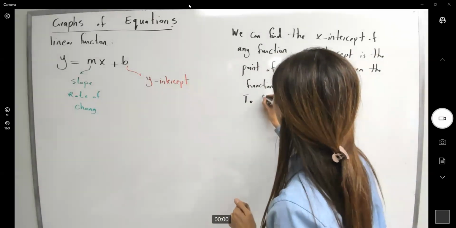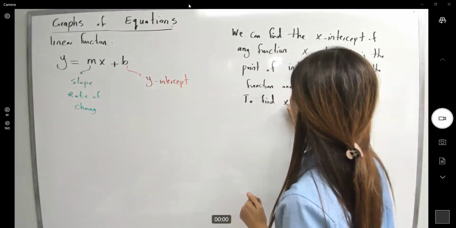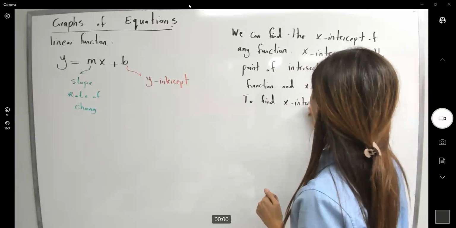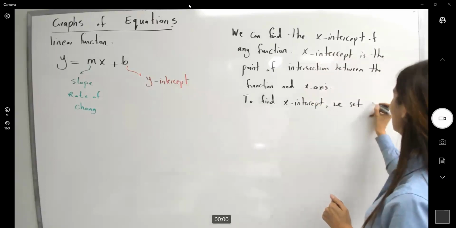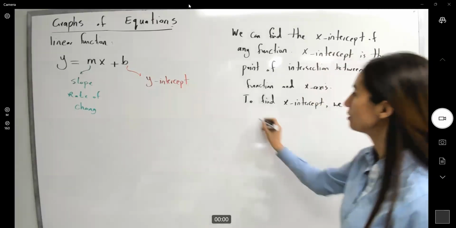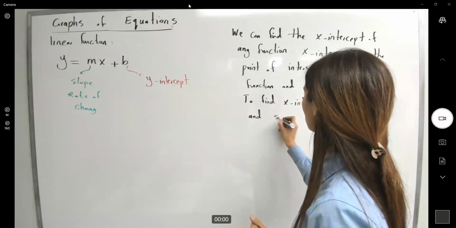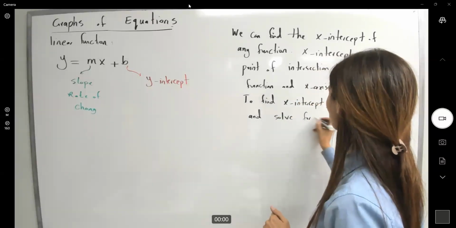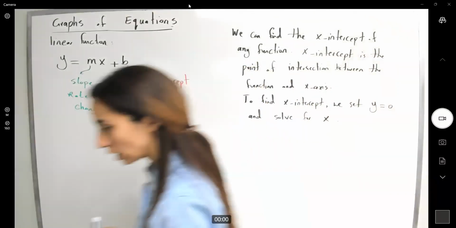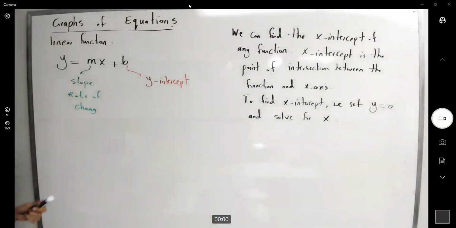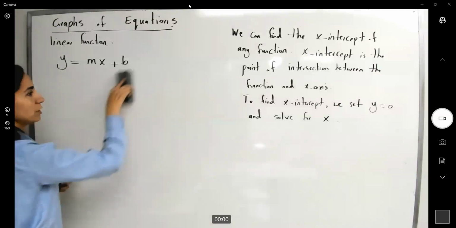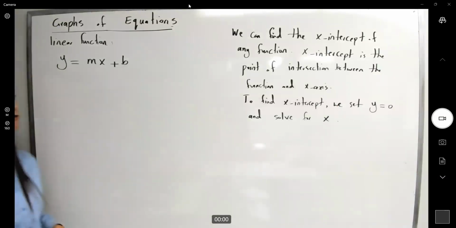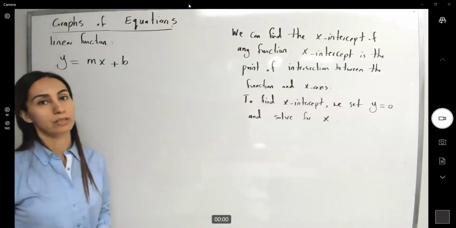To find the x-intercept, we set y equal to 0 and solve for x. Okay, let's take a look at one example. We have a linear function, and you're interested in finding the x-intercept.